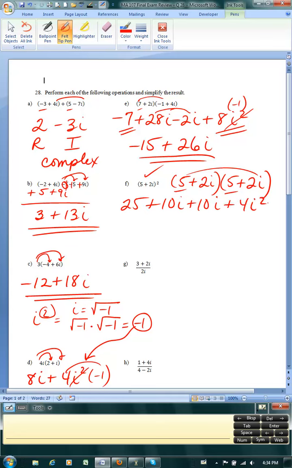Then you have 4i squared. 2i times 2i is 4i squared. i squared again is negative 1. So how many numbers do you have? You have a negative 4 and a positive 25, giving me 25 minus 4 is 21 plus 20i.